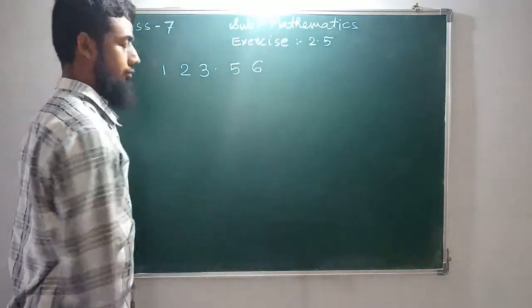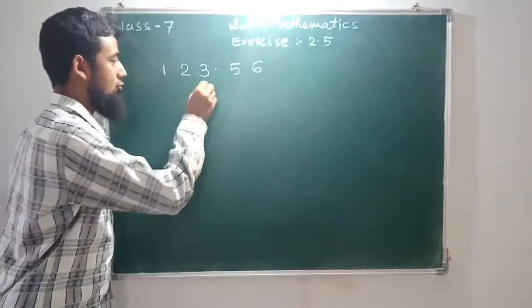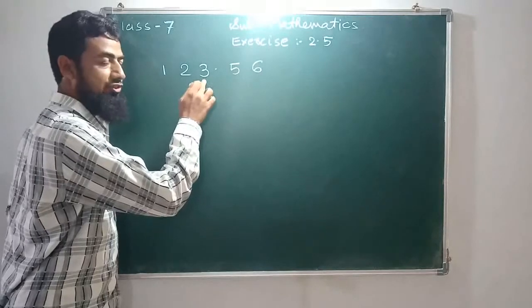So before starting exercise 2.5, one thing I want to discuss: 123.56. I am going to discuss places of each digit.